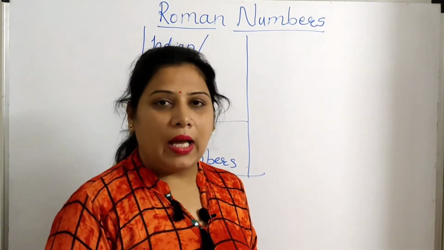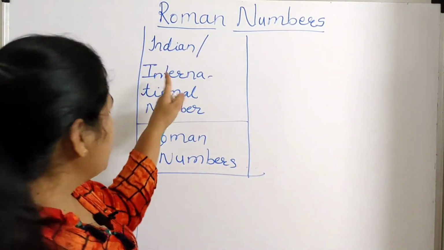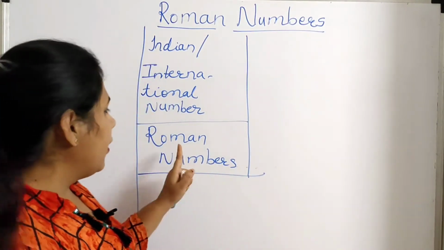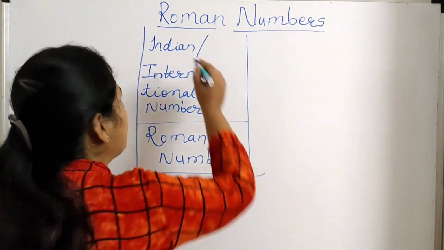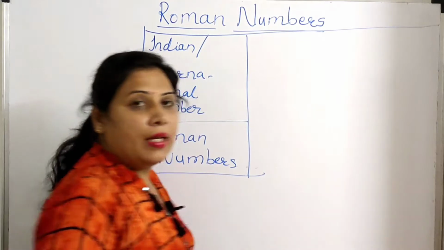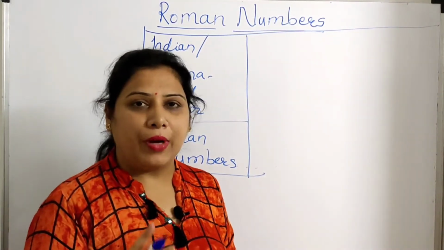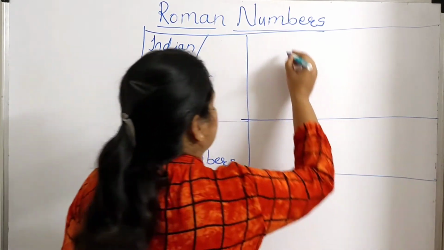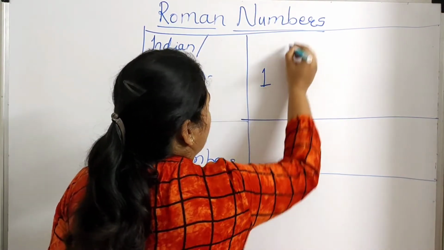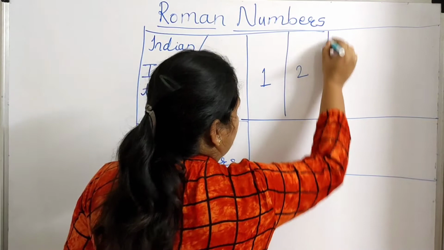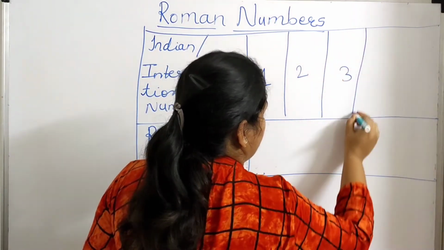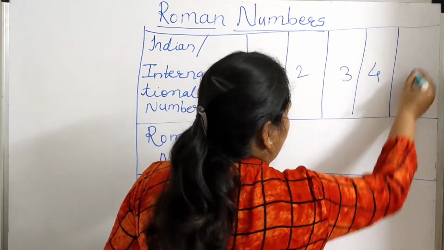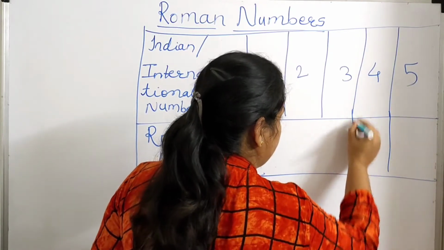You can see I have made two columns. One is of an Indian number system and another is of a Roman number system. So I am writing here the numbers from 1 to 5: 1, 2, 3, 4 and 5.